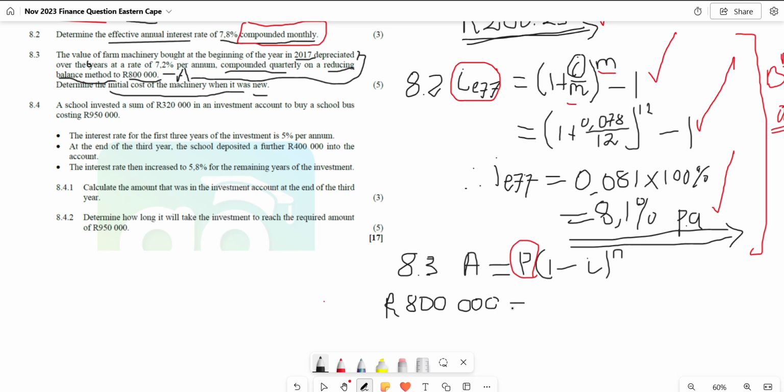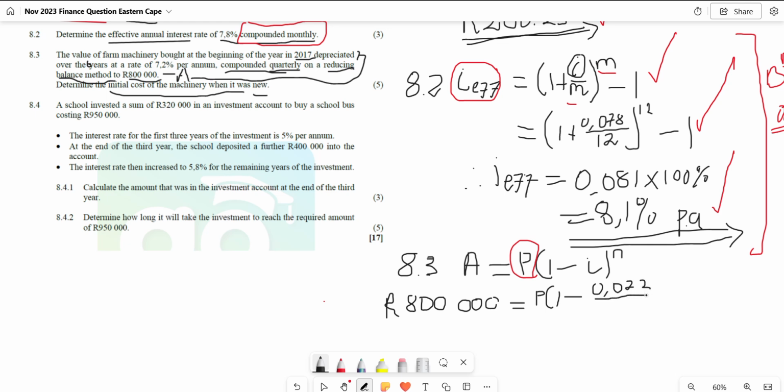Then the cost of the machinery when it was new, I don't know. How much did it cost at the beginning? Then in bracket 1 minus. Then we come here. It says compounded quarterly. Because we have the compounding period, the rate of depreciation, which is 7.2, we first have to divide by 100. Please remember, student, when we have the compounding period, first divide by 100%, which gives us 0.072.